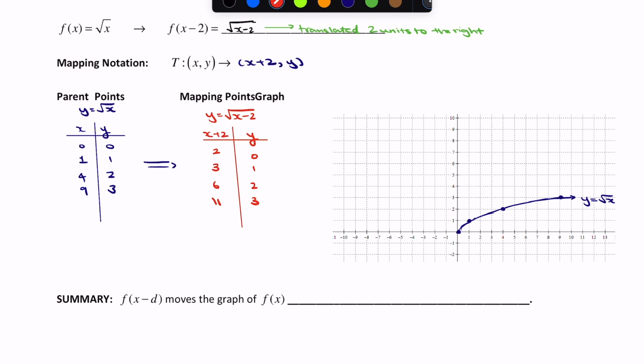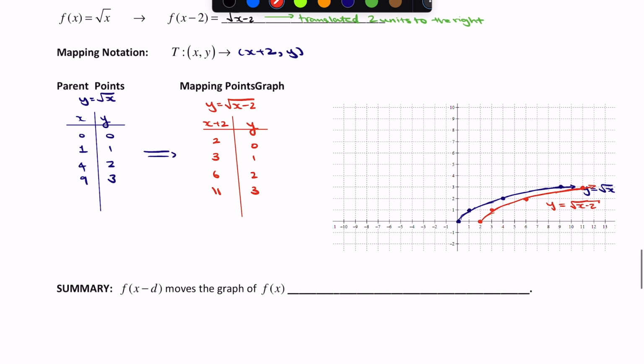And so we'll start at (2, 0), (3, 1), (6, 2), and then (11, 3). And that will be y equals square root of x minus 2.